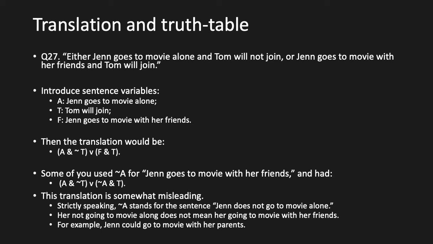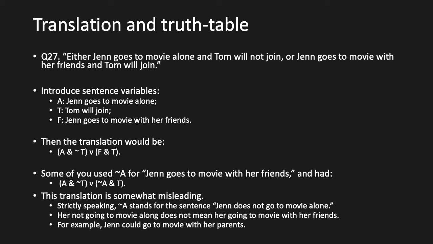Jan may not go to movie with her friends, but she can still go to movie with her parents or someone else. So, strictly speaking, you should introduce a new sentential variable for the sentence Jan goes to movie with her friends. And that's what I did here using F.